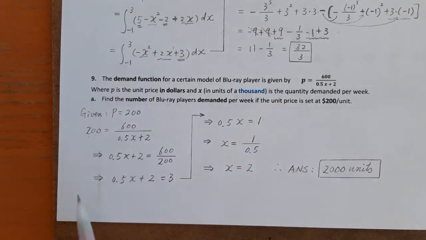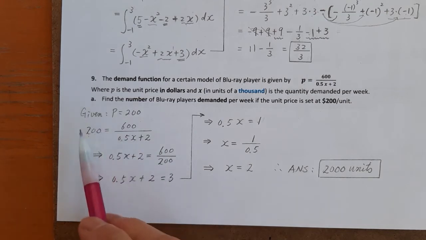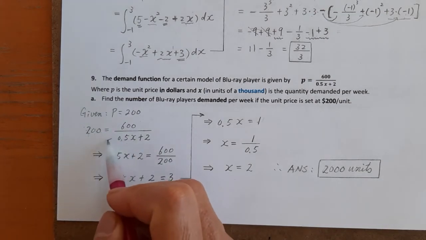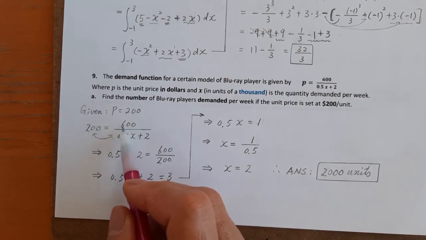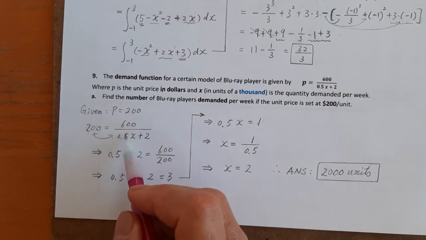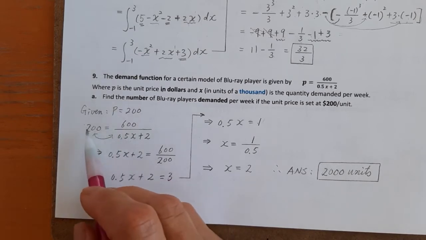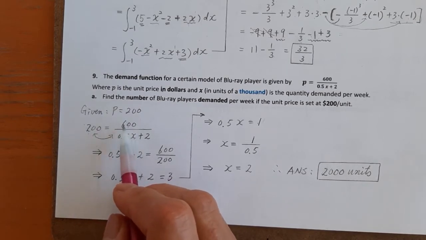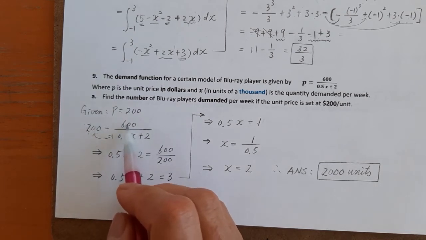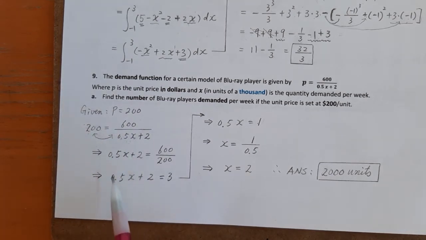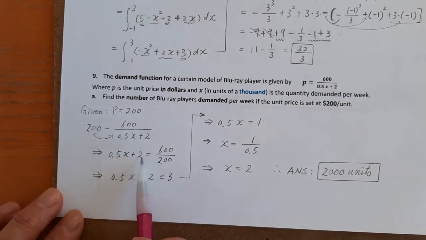Solve for X. So you exchange: 3 times 200 is 600. So you can exchange: 0.5x plus 2 equals 600 over 200, which gets 3.